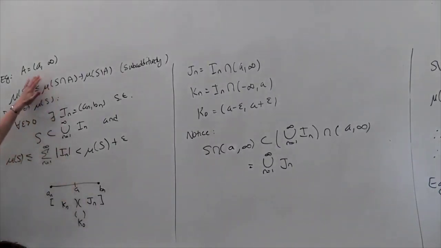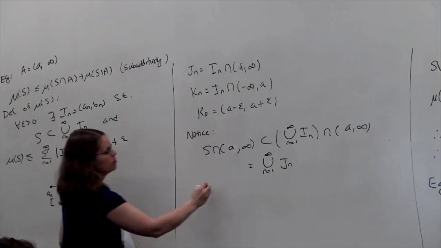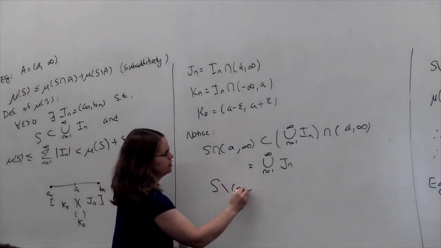Okay, so this is my interval. I had to do S intersection with this. That's one of the pieces that comes up. And then I have to do S minus this, so S minus A to infinity.